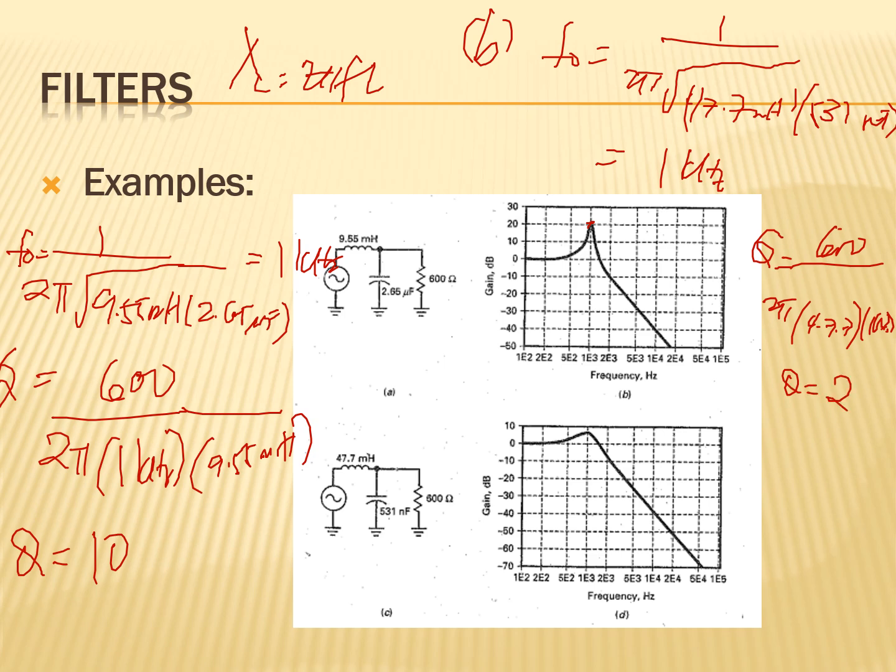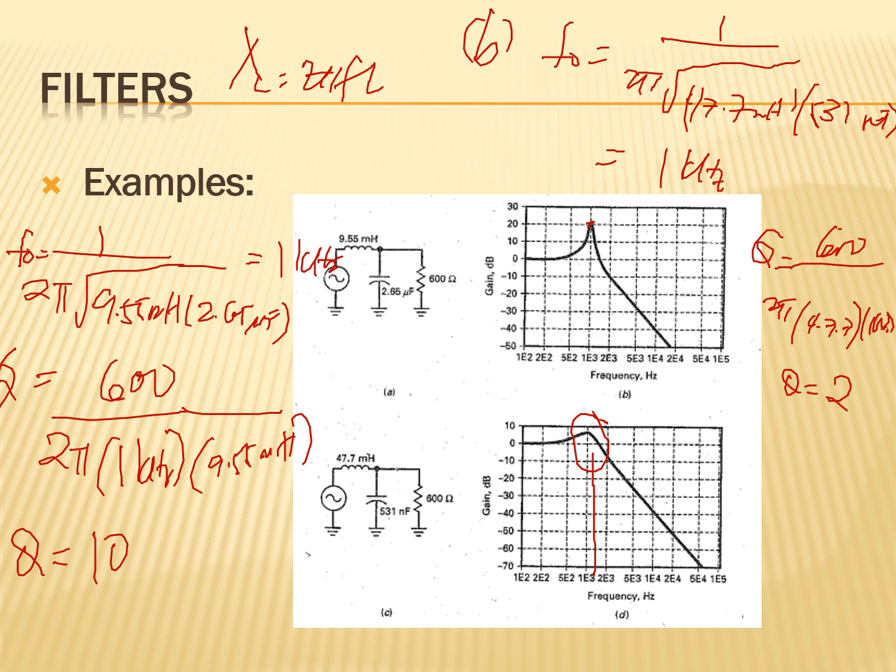So increasing the inductance lowers the value of our Q. Again, it still peaks at 1 kilohertz, but the voltage gain is only 6 dB, which results in a lower Q. So this is approximately 6 dB, and this is our 20 dB.